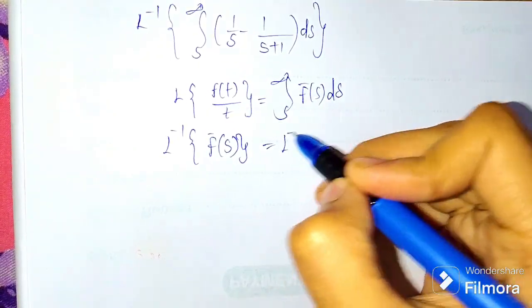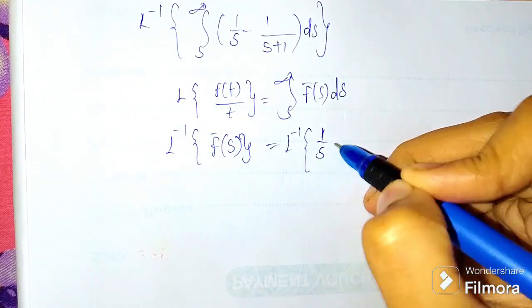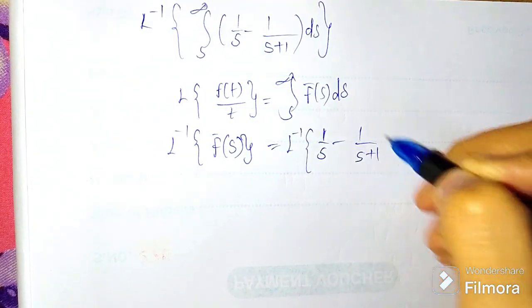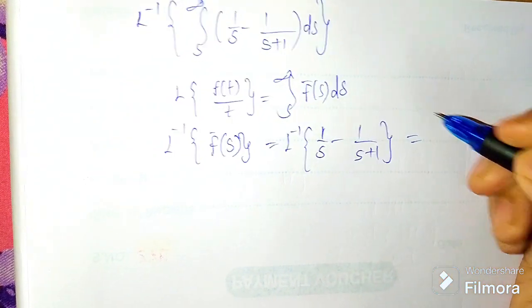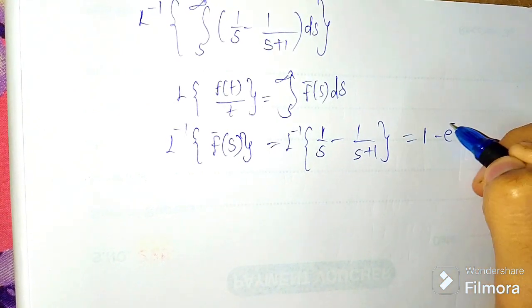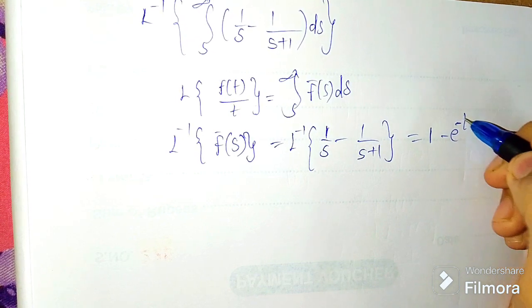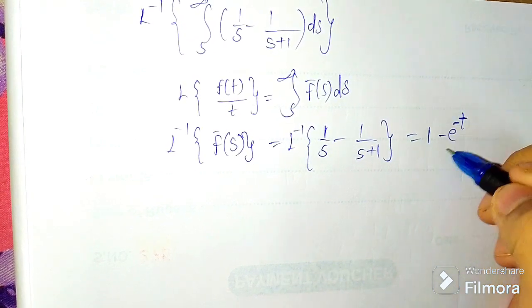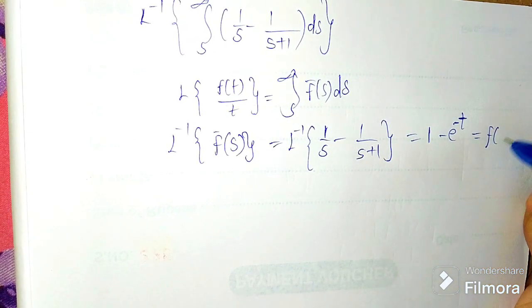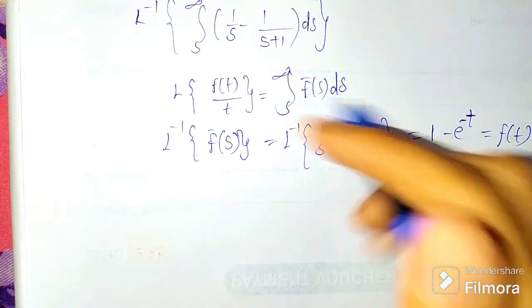So Laplace inverse of f bar of s means this term, 1 by s minus 1 by s plus 1. For this it is 1 minus e power minus t, right? So this is my f of t. Laplace inverse of f bar of s means f of t. So what is the answer?